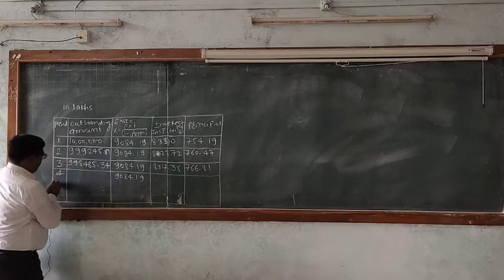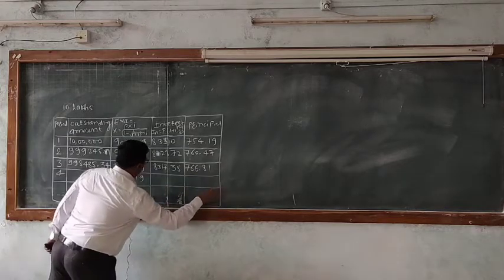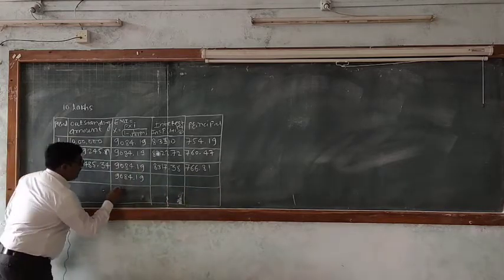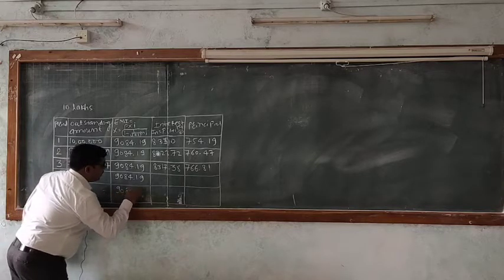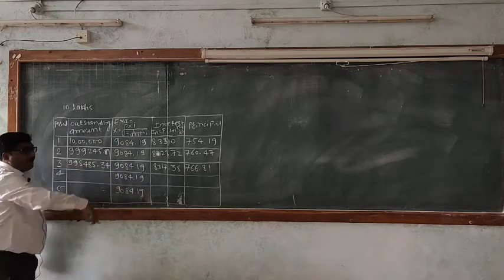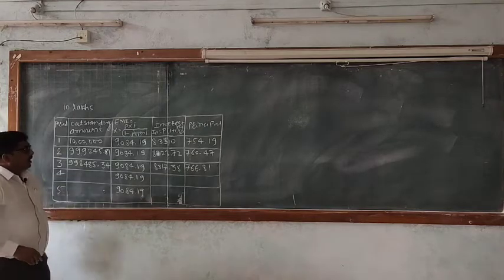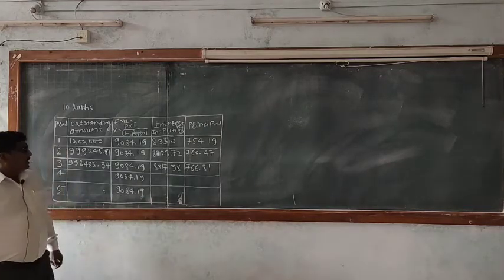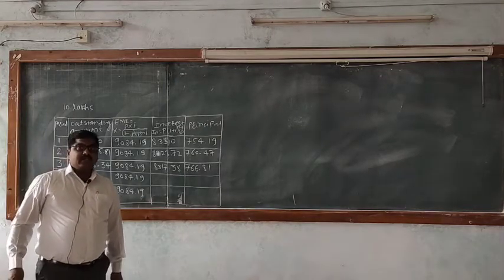9084.19. Fifth, 9084.19. So this column is same, and only the remaining three columns are changing.